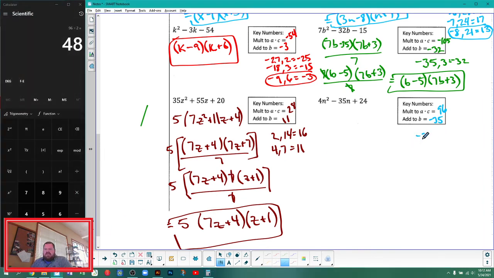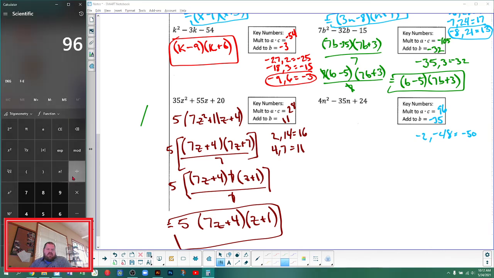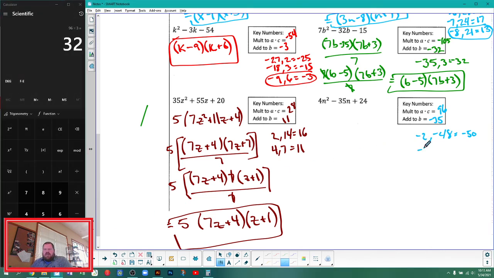It would be negative 2 and negative 48. But when I add those two together, I get negative 50. So that's too big. So let's check 96 and 3. So negative 3 and negative 32. Those add up to give me negative 35, and that's what I was looking for.